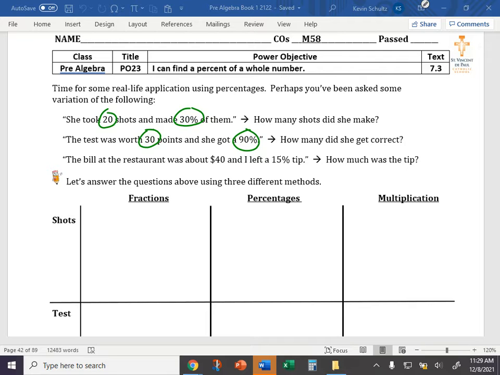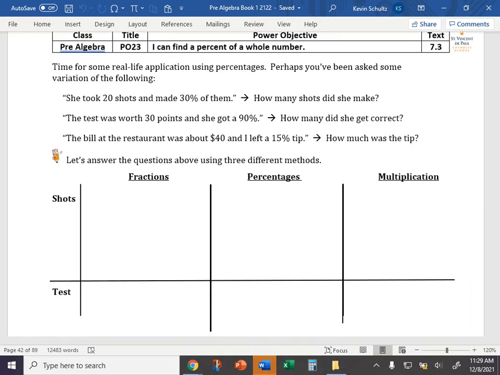So if you're not comfortable with multiplying decimals, that might not be the way you want to go. Okay, so we're going to talk about it using fractions. We're going to talk about it using percentages, and then we're going to do a multiplication method that's not that, but similar to it. So yes, that will work, but without a calculator, maybe you want to go a different route.